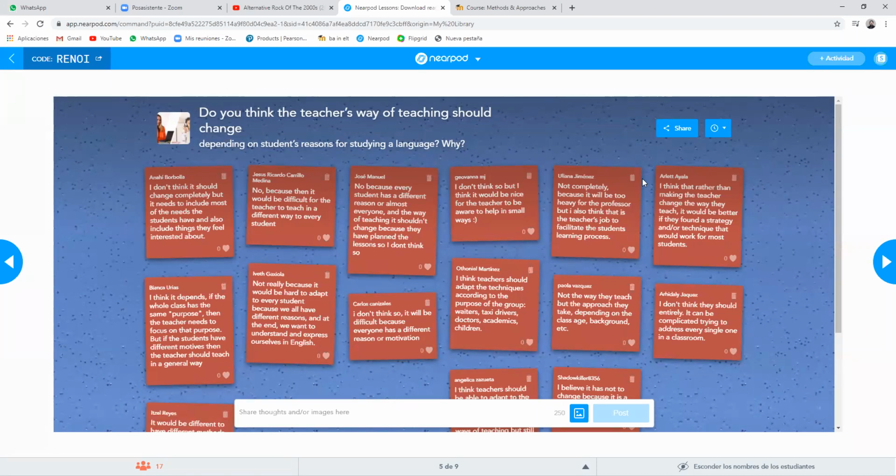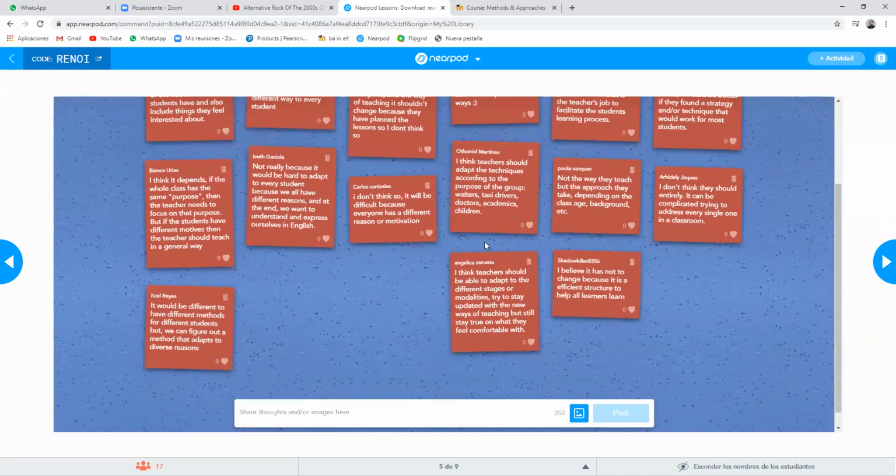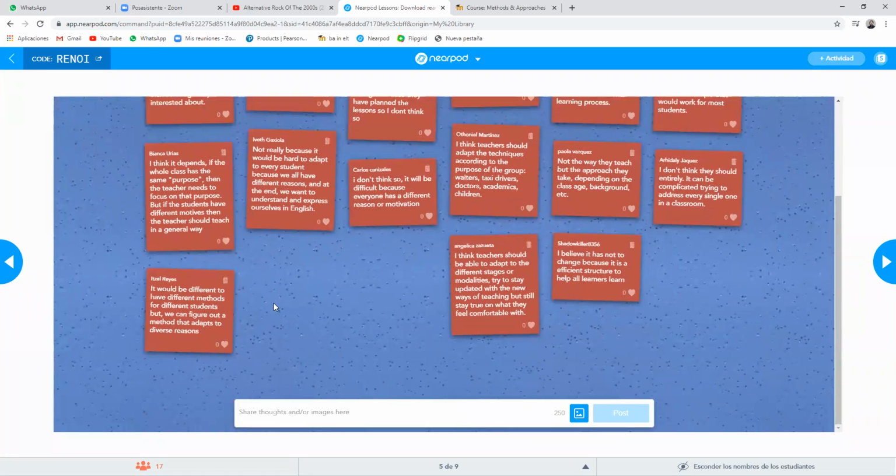Interesting. I don't think they should entirely. It can be complicated. It will be different to have different methods. We can figure out a method that adapts to diverse reasons. Then teachers should be able to adapt. I believe it has not to change because it is an efficient structure to help all learners learn.